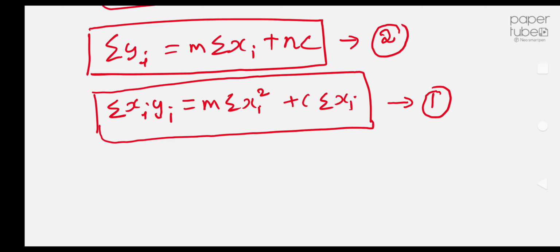If we compare 1 and 2, we have two constants or unknown parameters, and two equations, which is easier to solve now.